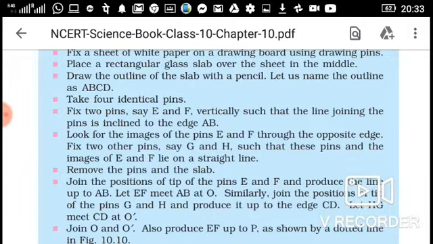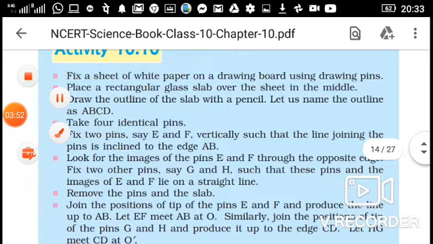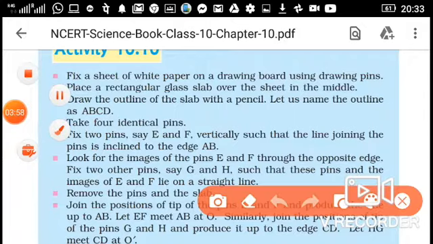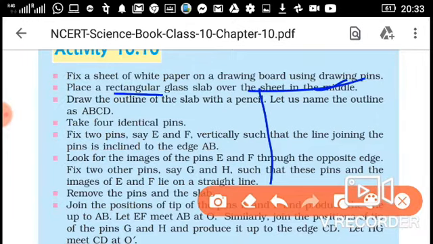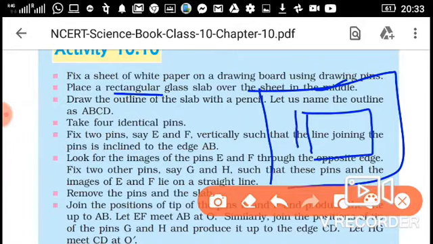So first you take a drawing board, then fix a white paper sheet, place a rectangular slab over the sheet in the middle. First you take a cardboard, then white paper sheet, and then place a rectangular glass slab.